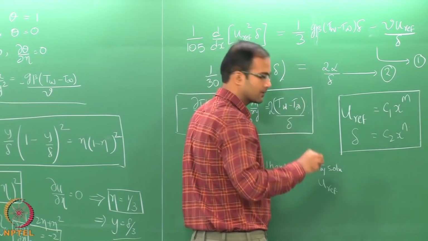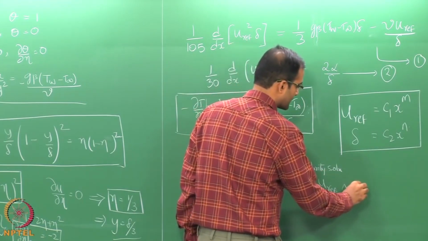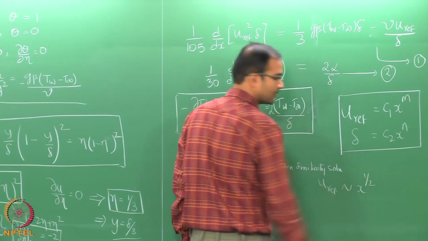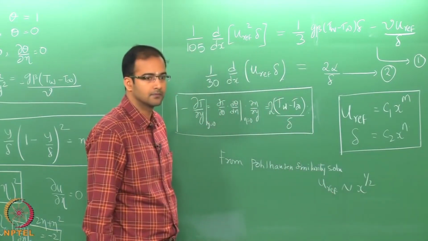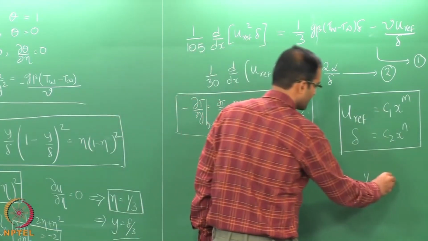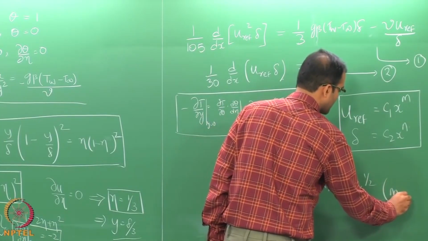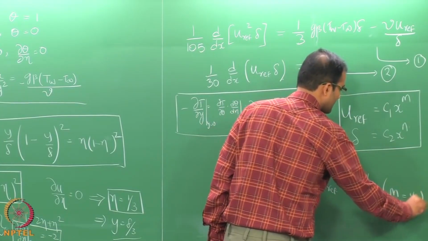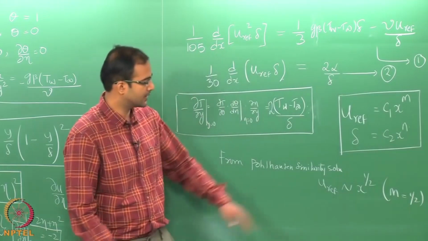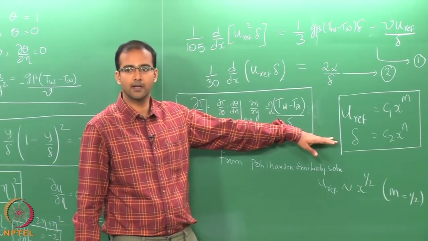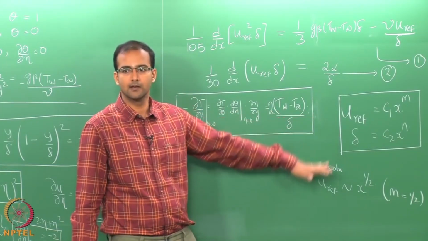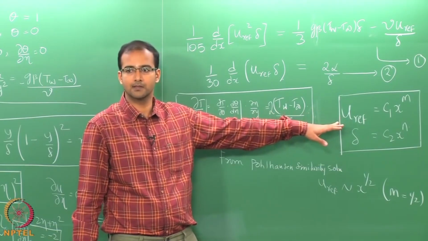So, therefore, there it was x power half. Okay. So, m should actually come out to be equal to 1 by 2, but since right now we assume we do not have any knowledge of similarity solution, we cannot force this condition.